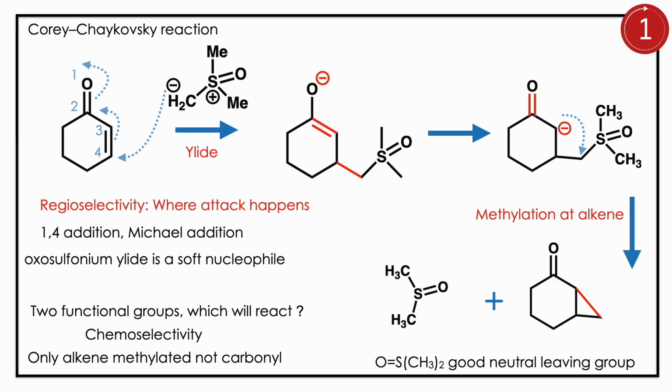You have new carbon-carbon bond. Then alkene becomes cyclopropane because of leaving group ability of dimethyl sulfoxide. Finally, end up with methylation at alkene. Here regioselectivity achieved in the first step because halide is soft nucleophile attacks the fourth position. You have the final product. The concept you have to learn here is sulfoxonium halide is the soft nucleophile.